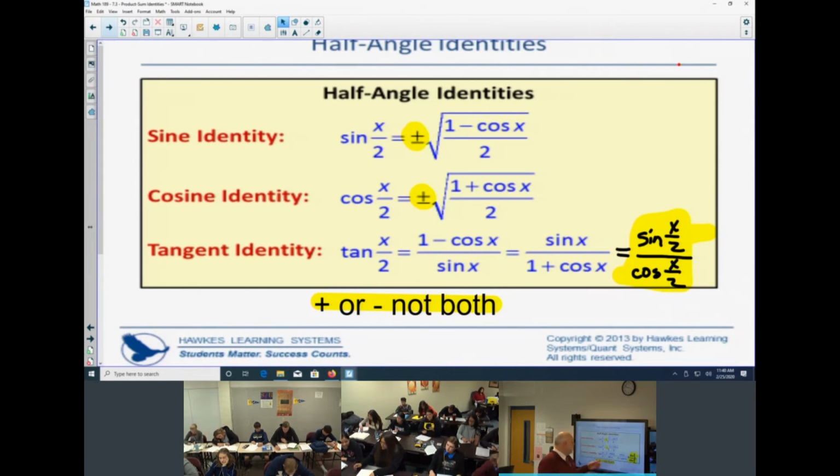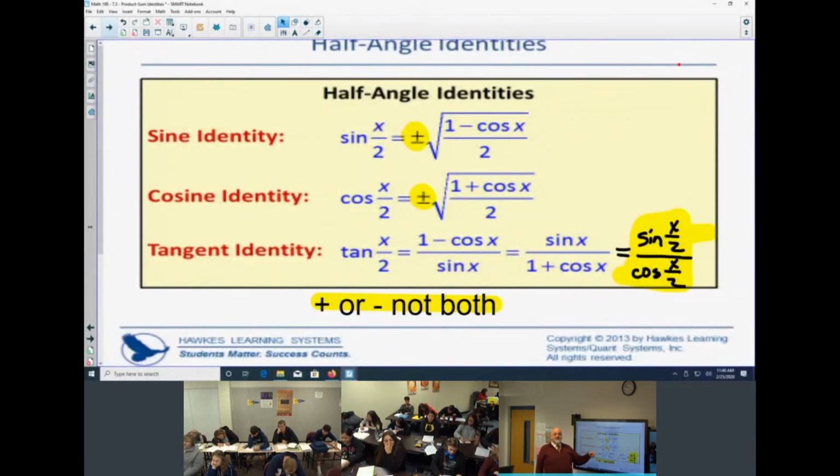This is literally plus or minus, but not both. So you don't have two answers. The plus or minus is determined by the quadrant you're in. So please make a note that it's not two answers. If you put plus or minus on one step, you've got to make sure you figure out which it is. You can't have that in your final answer.